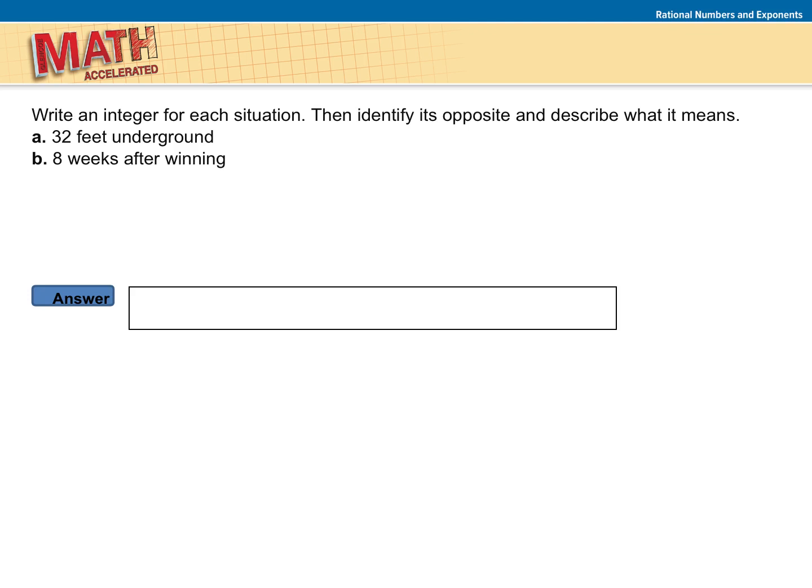On the next slide, I want you to try these ones. 32 feet underground. -32. Underground, so we need to go negative. What would be its opposite? Positive 32.